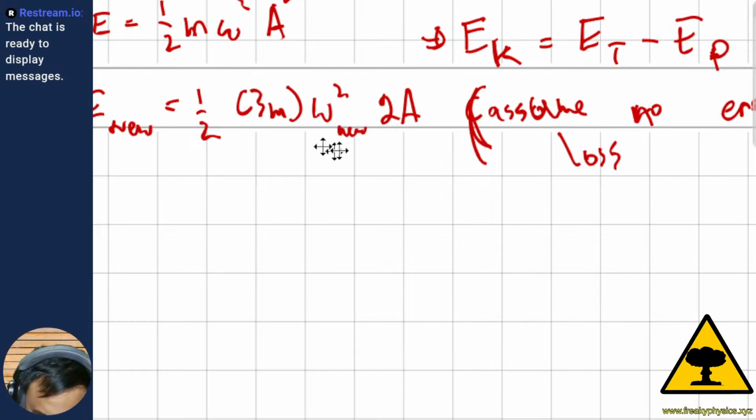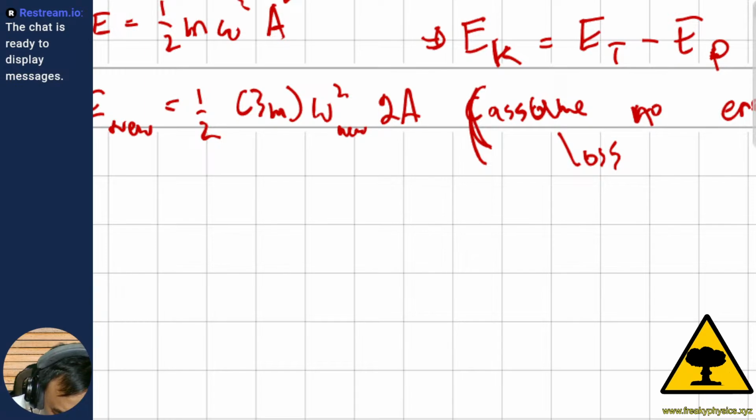Now, here, this new angular frequency, here's the thing. If I'm not mistaken, okay, K is equal to M. Let me just double check something here. I'm not 100% sure on that. Simple spring constant. Okay. Period is... okay. Here we go.